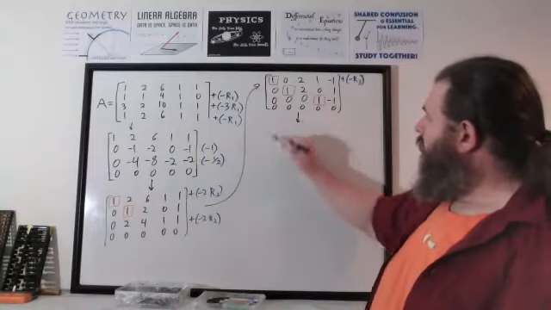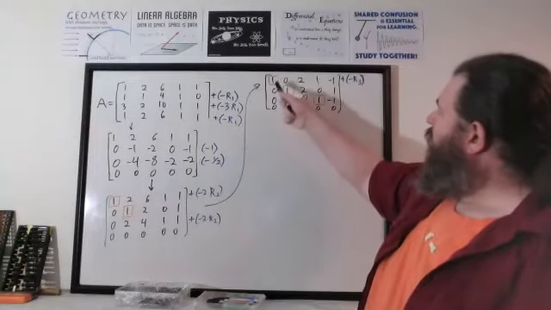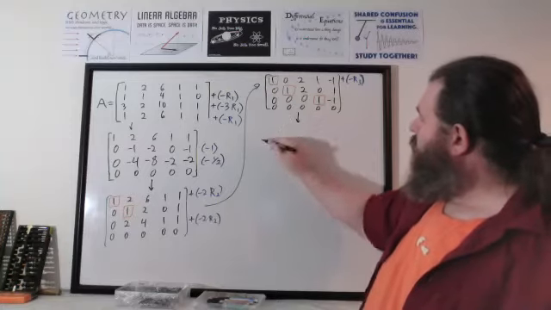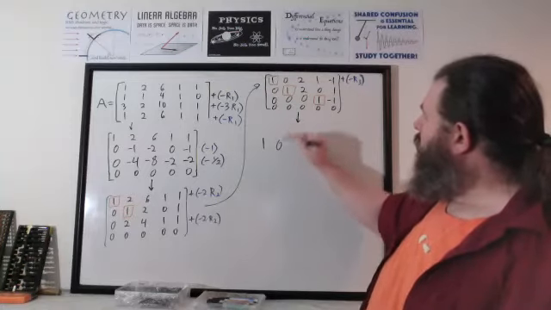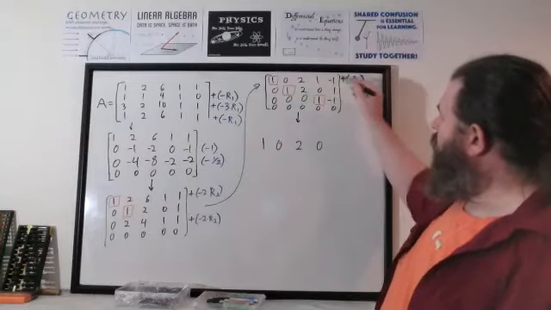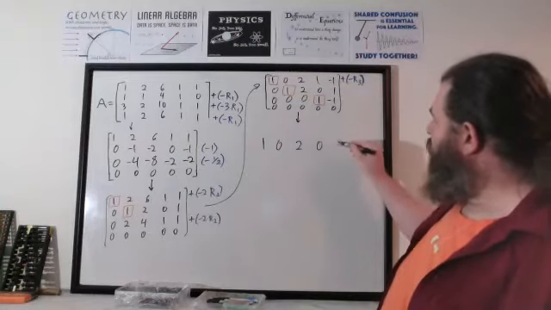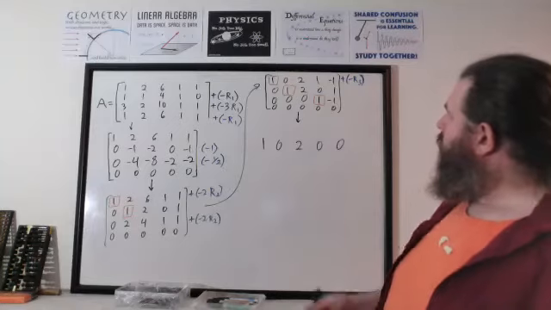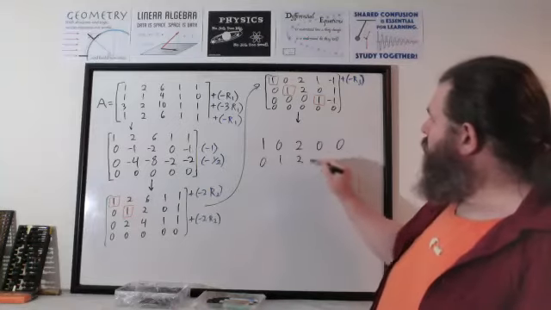And that should finish it off all the way to reduced row echelon form. 1 minus nothing, nothing minus nothing, 2 minus nothing, 1 minus 1, -1 minus -1, and then the other row is unchanged.